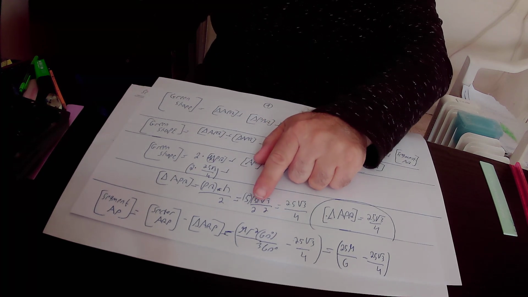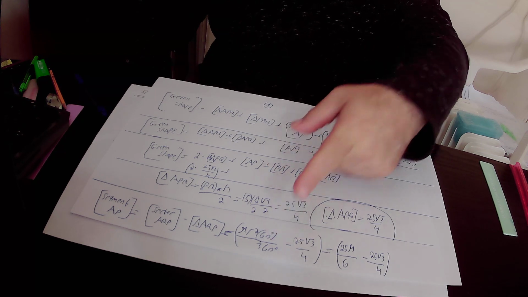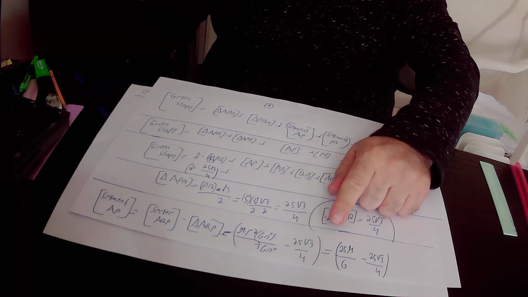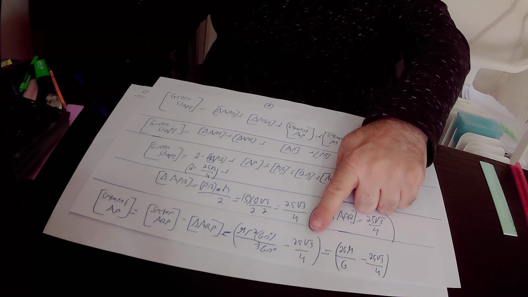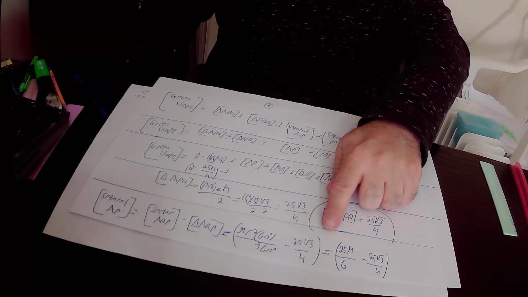Okay, and the area of sector AQP is pi r squared times 60 degrees over 360 degrees. And the area of triangle AQP, we have already found out that it is equal to 25 times square root of 3 over 4.